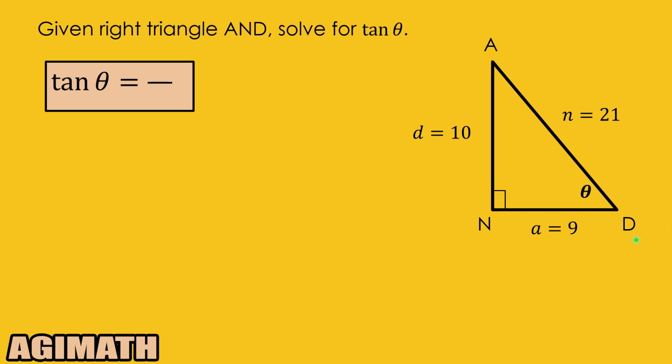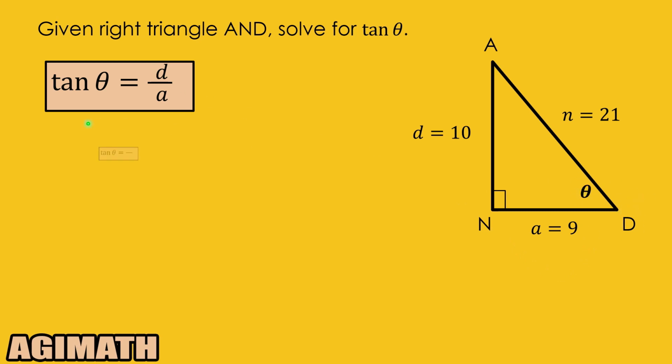That is on angle D, or this is theta. Now you ask yourself, how long is the opposite side? If this is the reference angle, the opposite side is equal to 10. That is side D. And then the adjacent side is side A, with reference to this angle.